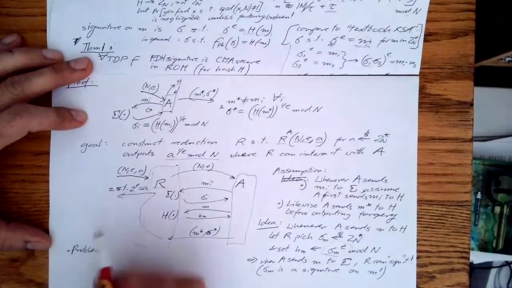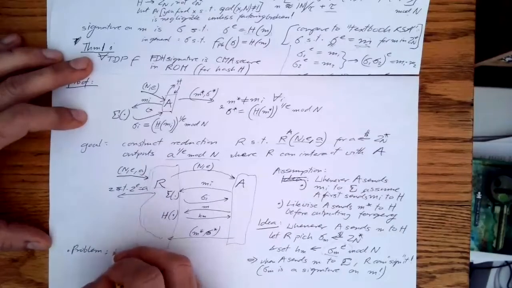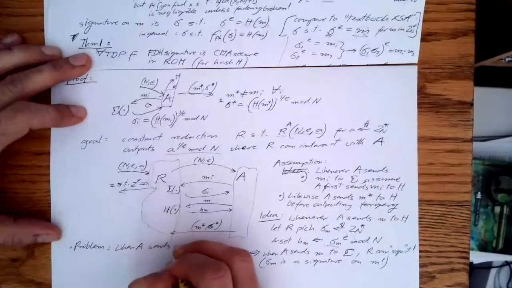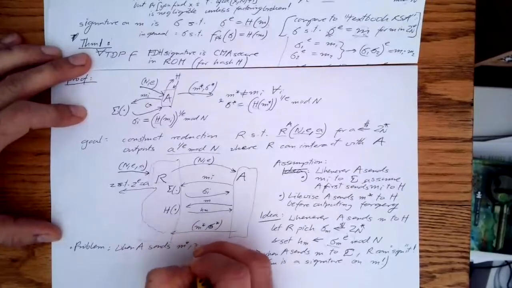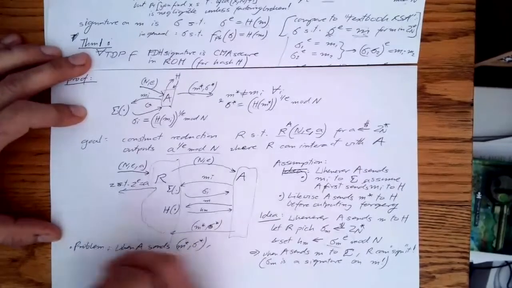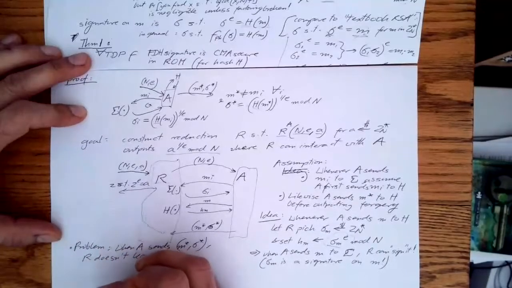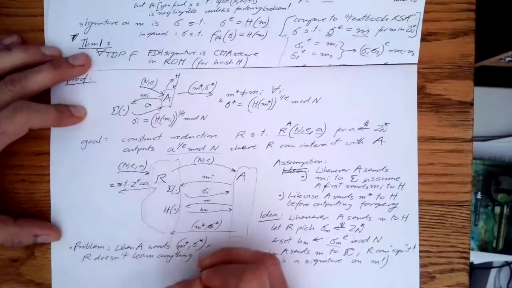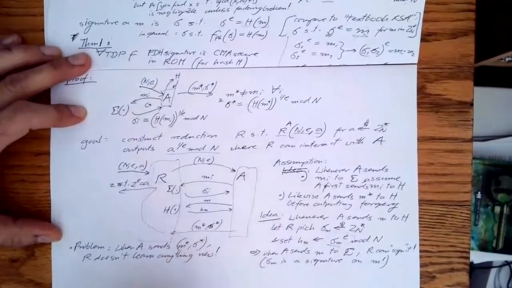The problem is that when A sends M star, sigma star, R doesn't learn anything new, right?